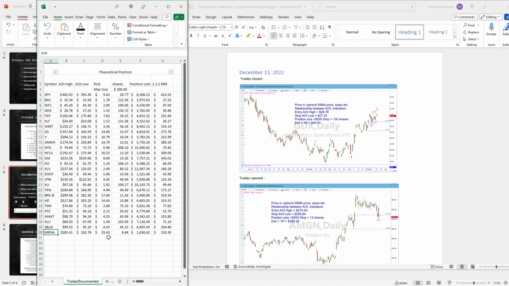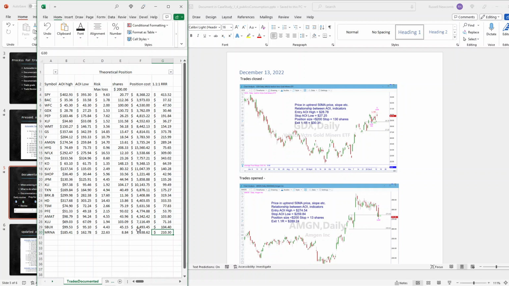So when you open the trade for Moderna, you have the area of interest high, the area of interest low. This will tell you how many shares to use, and then this risk to return ratio tells you where your second target should be, or your only target. You can't really call a stop loss a target because it's not your goal, even though you hit there quite frequently.